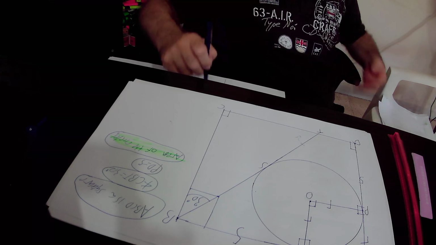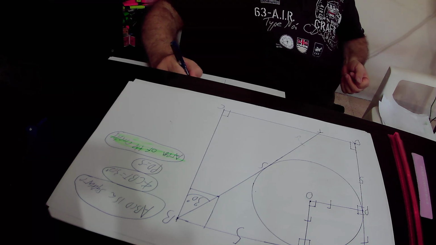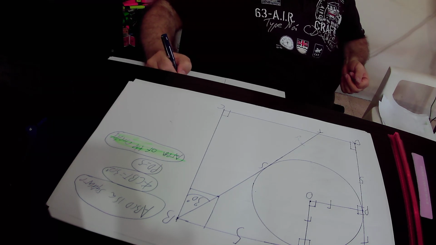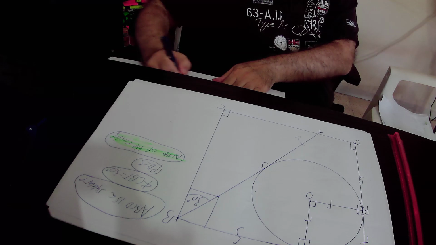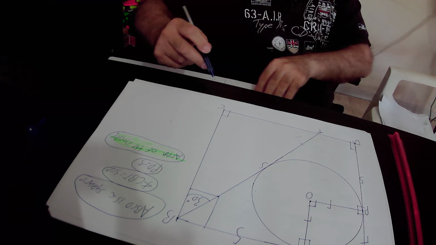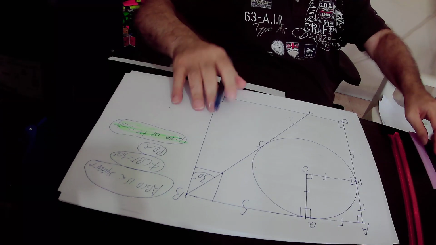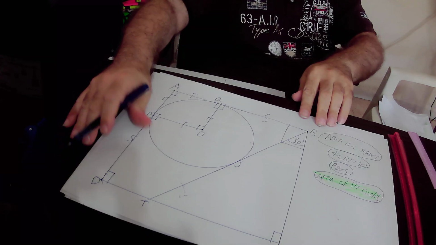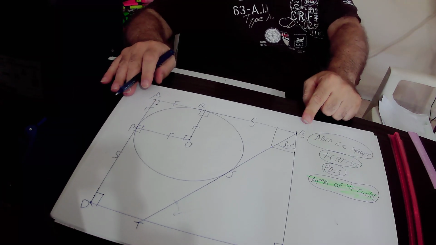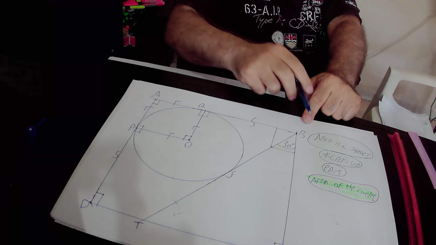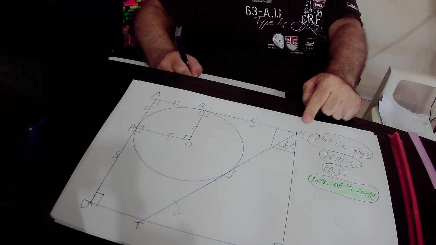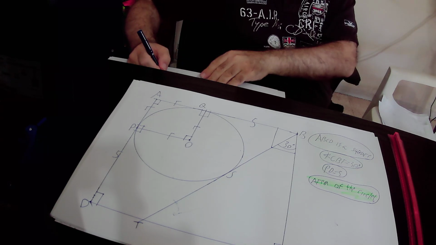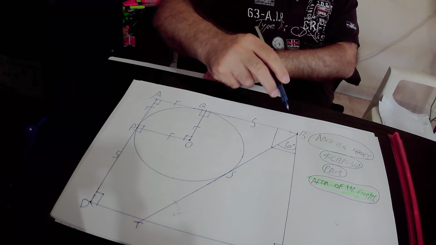Why? Because in our drawing, if we focus on the common external point B, from this common external point B, we have tangent BQ and also tangent BS.